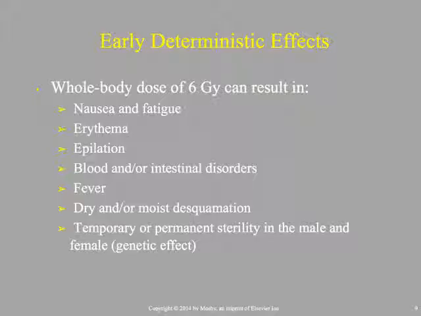So I put parentheses genetic effect there, right? Because what I'm talking about is damage to the testes, which is a somatic organ system, but within the testes or within the ovaries, there are germ cells that are responsible for reproduction, right?